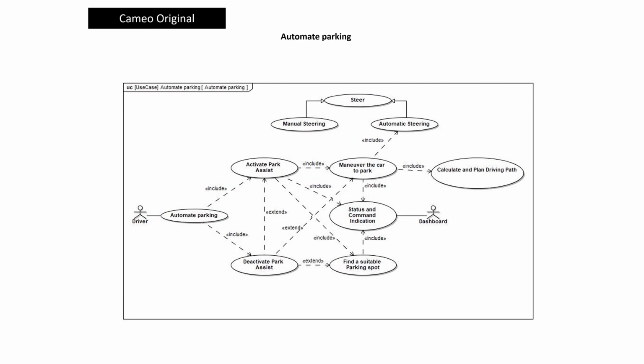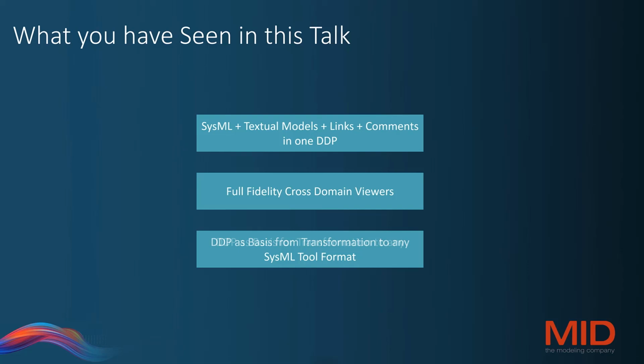And when we switch between original and round-tripped data, then you see that there are very minor differences between the round-tripped diagram and the original one. Of course, a use case diagram is amongst the easiest thing you can transform, but still a first result, an interesting result, and we will advance on that.